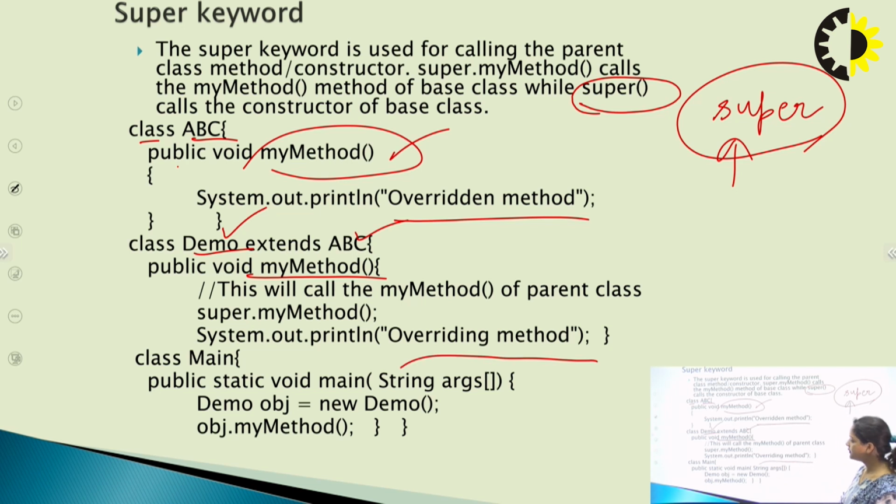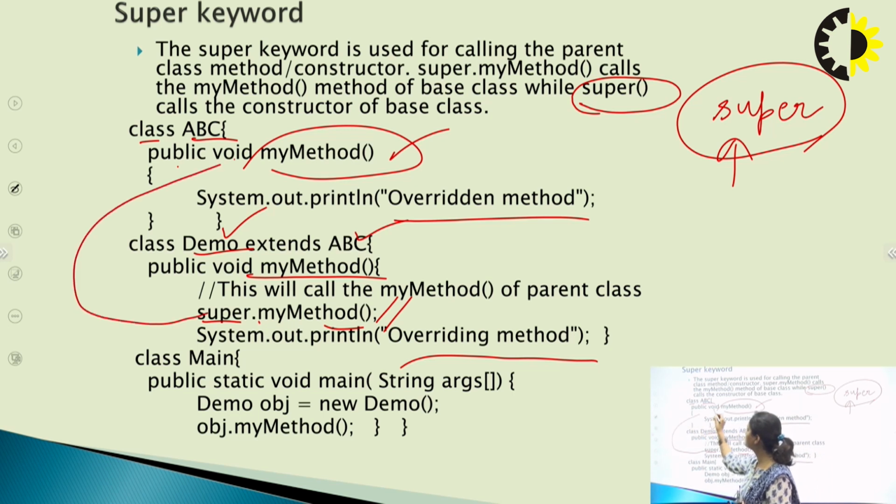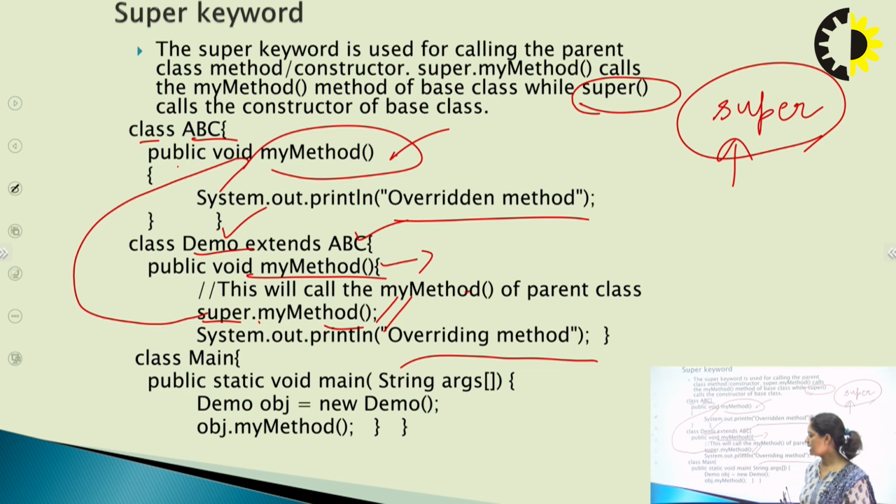Here we put one statement, super dot my method. Whenever this statement is put, it makes sure that the method of the super class is run, and the child class method will not simply override it. So we have written super, and the method name is common in both the classes. This is the way we can prevent this.